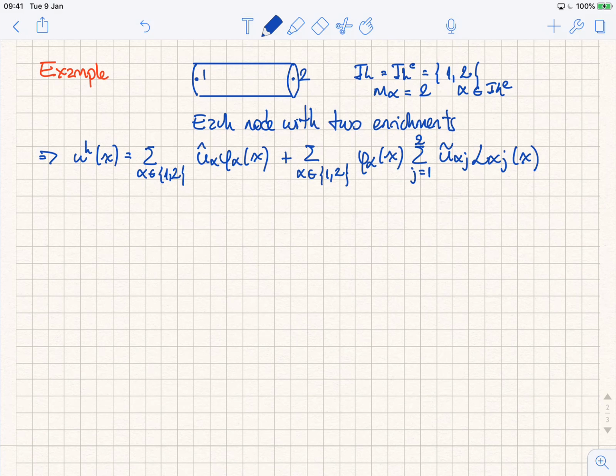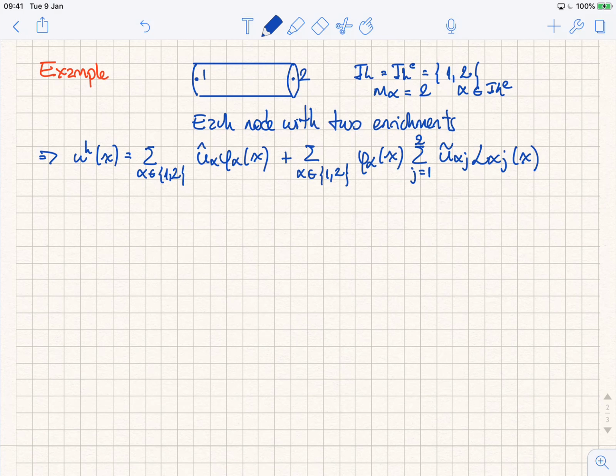This is our generalized finite element approximation. We just rewrote that complex expression that we saw before for a simple element in 1D, right? Where the standard nodes are just numbered 1 and 2, and then we are basically using two enrichment functions.